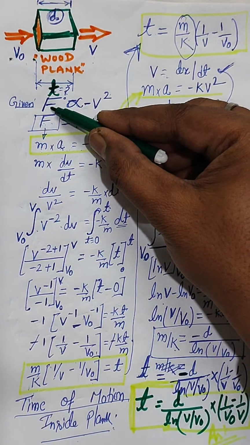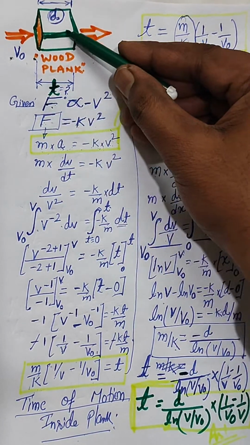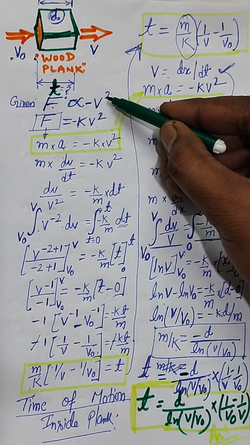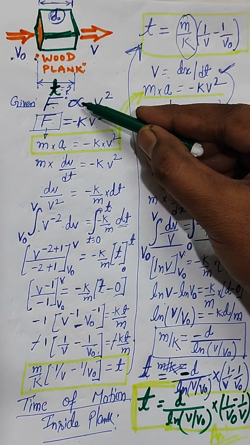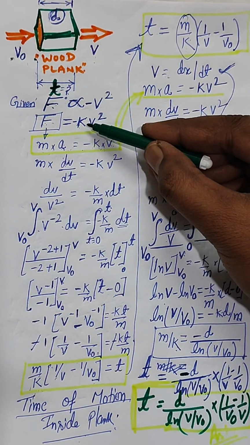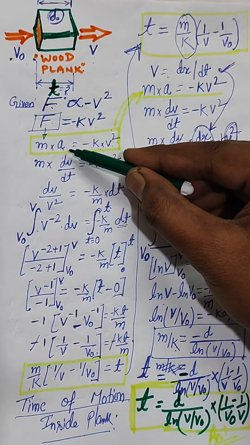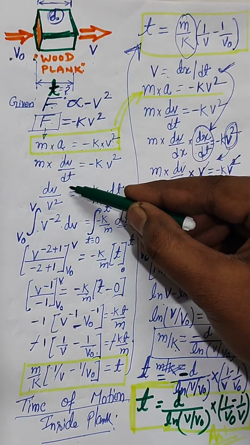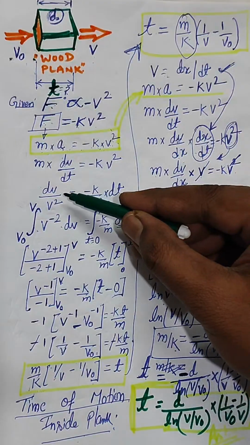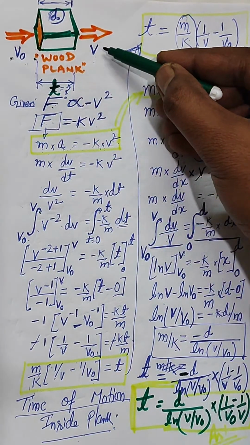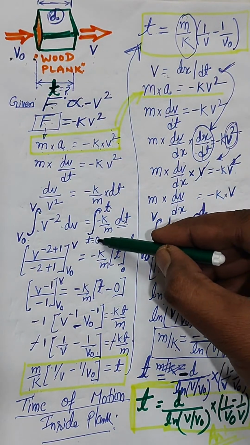So here, the force offered by this plank is proportional to the square of the velocity of the bullet. We replace this proportionality constant with k, so F equals minus k v squared. Now F can be written as ma, and a can be written as dv by dt. The variation of v is from v0 to v, and t varies from 0 to t.